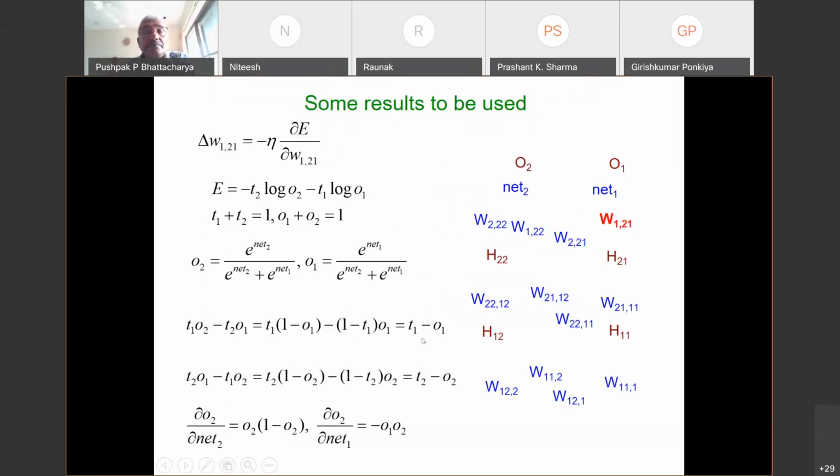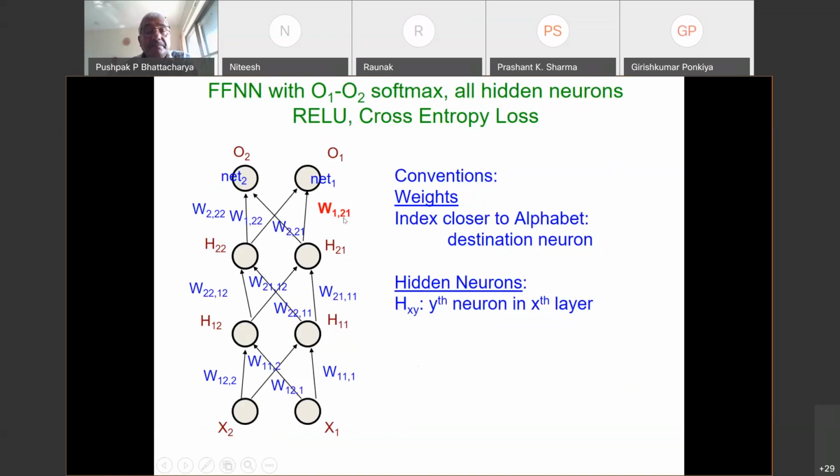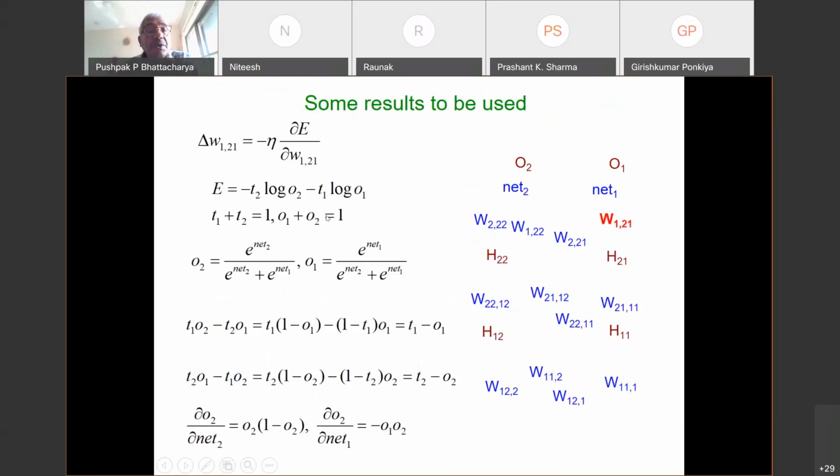Okay. So now we have to make use of some results which are applied again and again. First and foremost is the gradient descent rule. We are interested in the weight change for W121, the outermost layer connection. So here delta W121 is proportional to the change of error with respect to the change in the weight value.